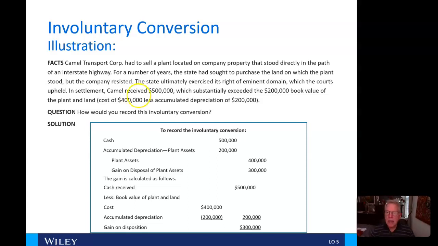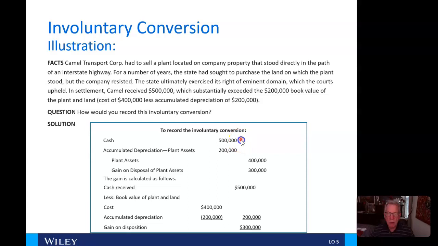In settlement, Camel received $500,000, which substantially exceeded the $200,000 book value of the plant and the land. And that cost $400,000 less accumulated depreciation of $200,000. How would you record this involuntary conversion?